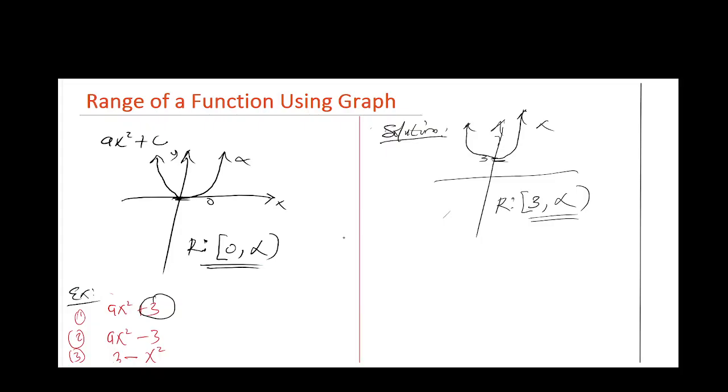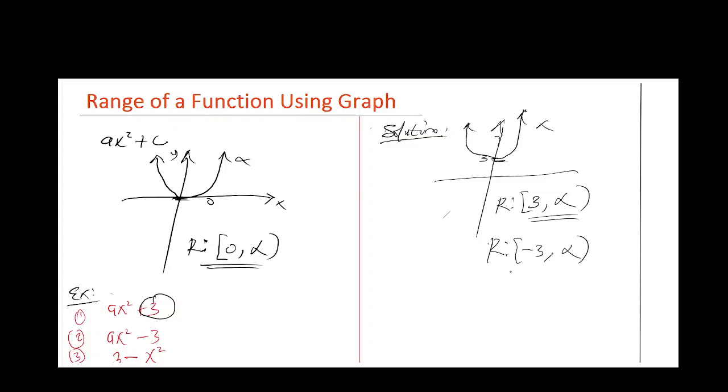And the second one, the same thing, you take 3 units downward on the y-axis and you sketch the parabola. You are going to have that the y, which is the range, is from minus 3 to infinity.